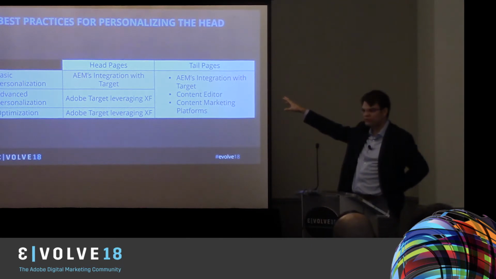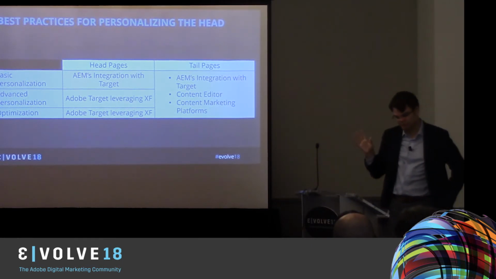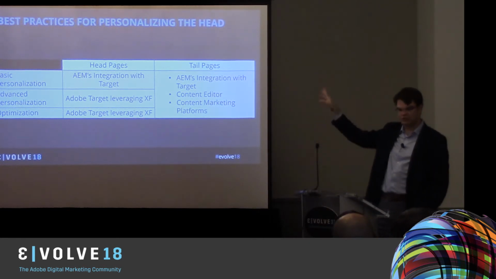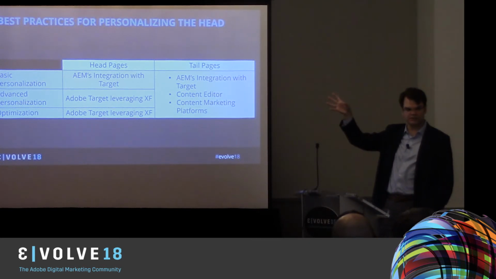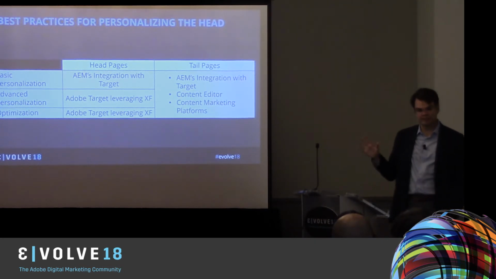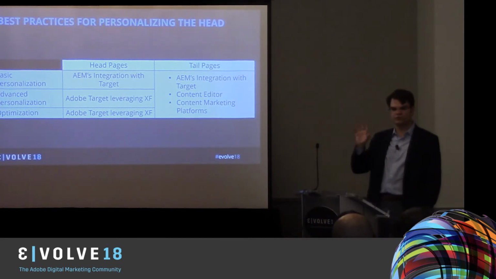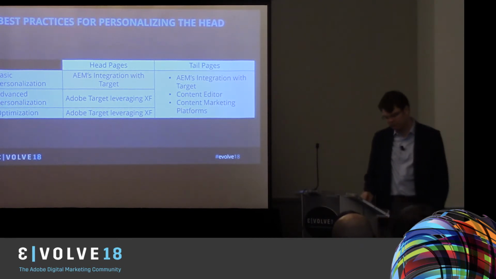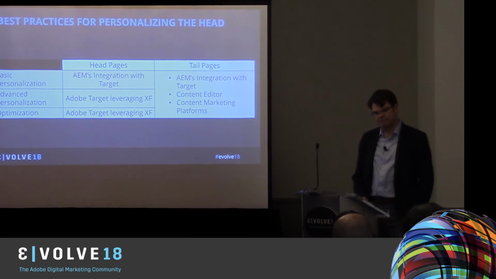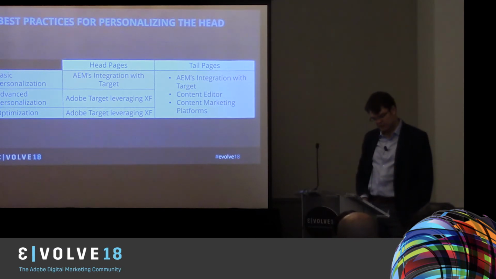If that's not possible, or you're not set up right now, at least make sure that your content editor, whether it's Google Docs or Microsoft Word, implements some sort of checklist or template that your content authors can follow. And lastly, for those few that actually use content marketing platforms, make sure that any kind of personalization that takes place in those platforms can be carried over into AEM.